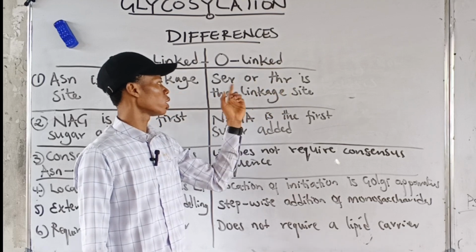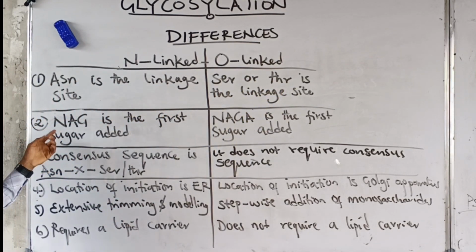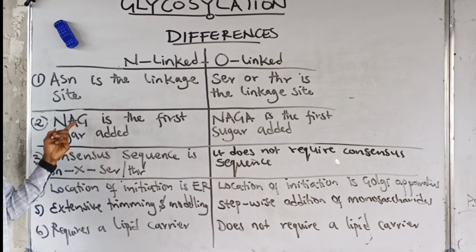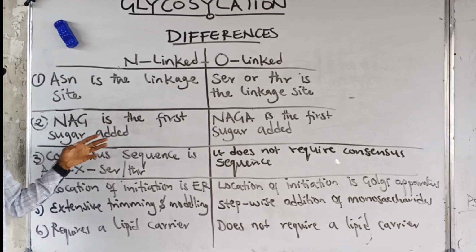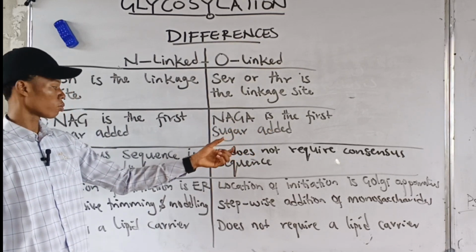So serine or threonine is the linkage site. Then here, the first sugar in the oligosaccharide linked is N-acetylglucosamine, while here N-acetylgalactosamine is the first sugar attached.